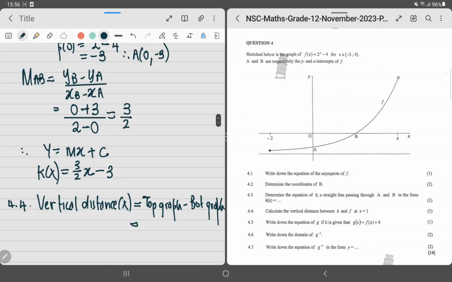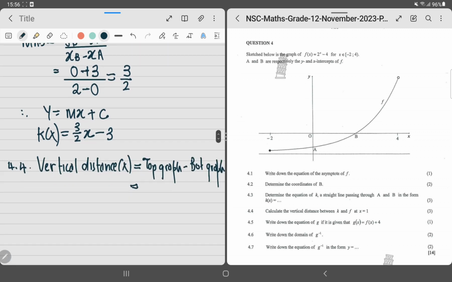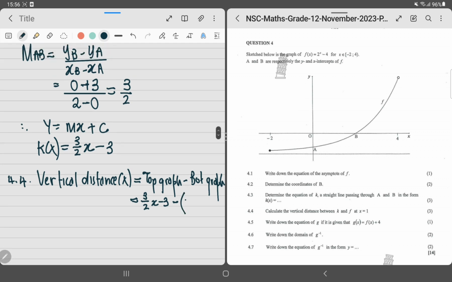So the top graph here is the straight line, and the equation of the straight line is 3 over 2 x minus 3, minus the equation of f. So that's going to be 2 to the exponent of x minus 4. So this is 3 over 2 x minus 3 minus 2 to the exponent of x plus 4.